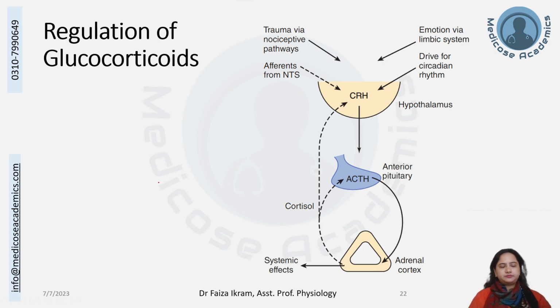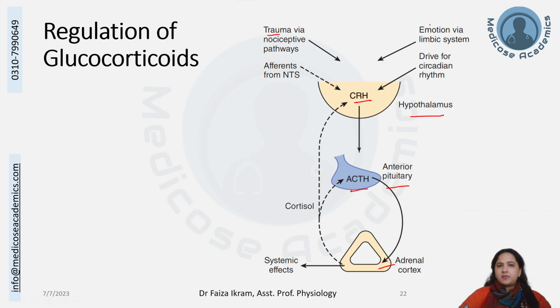How glucocorticoids are regulated. Starting from the hypothalamus, ACTH by pituitary, adrenal cortex is stimulated. Cortisol is having negative feedback to both anterior pituitary and hypothalamus. You can see there are other factors which are also stimulating or inhibiting hypothalamus.